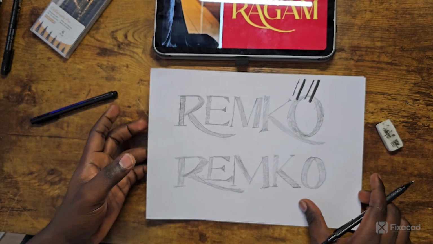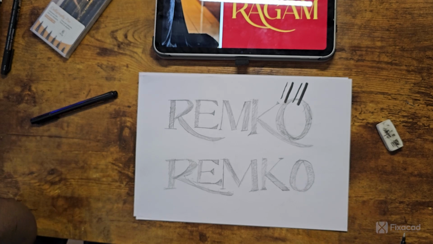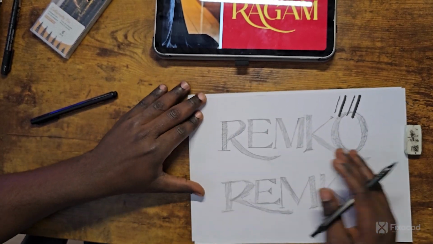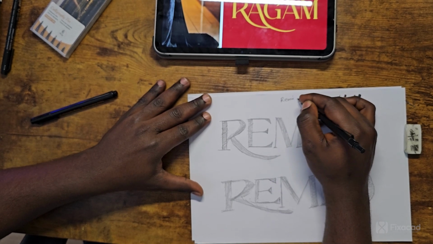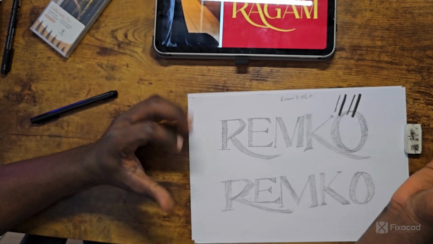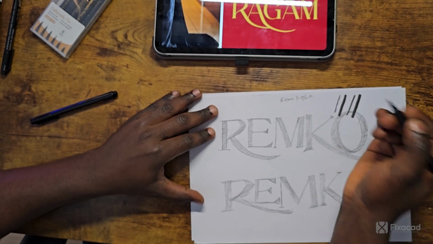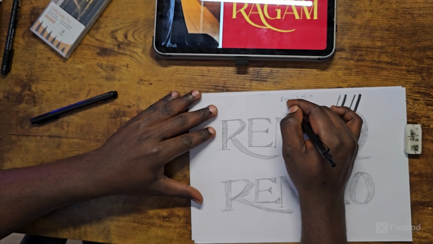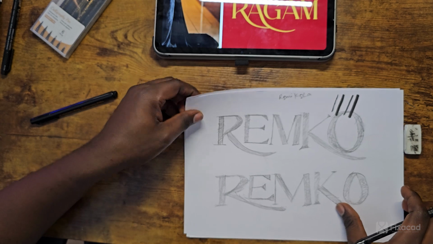Let's see something from the actual spelling of this name. When you look at the actual spelling, we have the words Remi and Kola, which is a very typical Yoruba name. Kola is supposed to have a tone mark under the O, and Remi is supposed to have a tone mark under it as well.